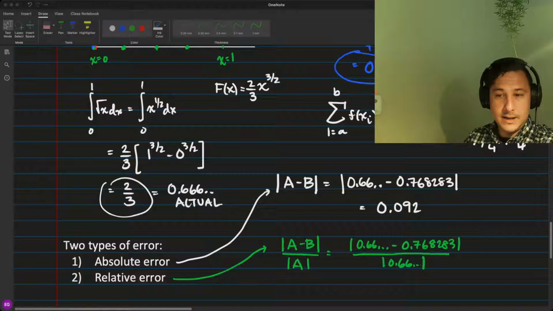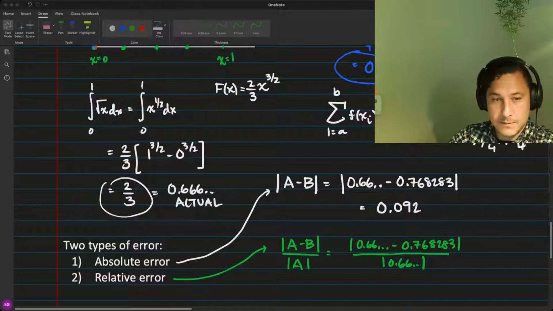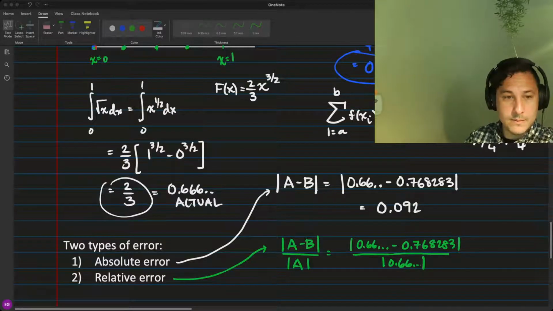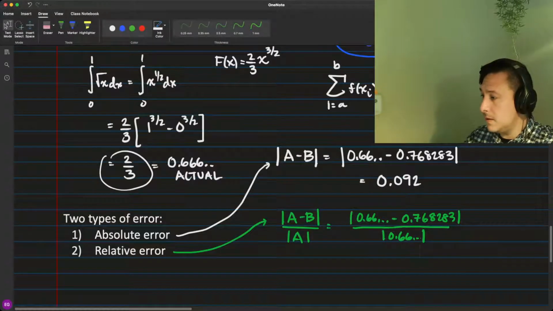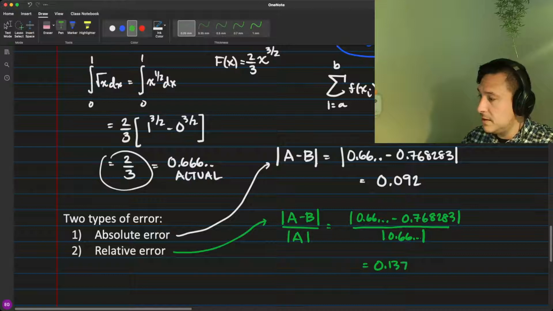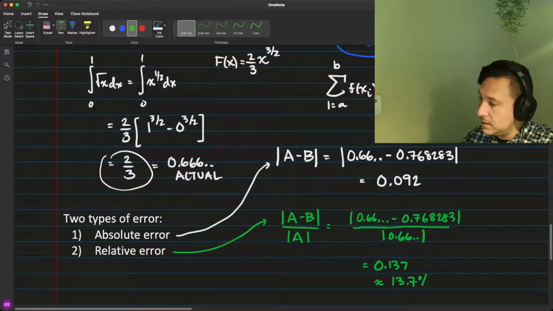If you do that, you get 0.137, which is 13.7%.